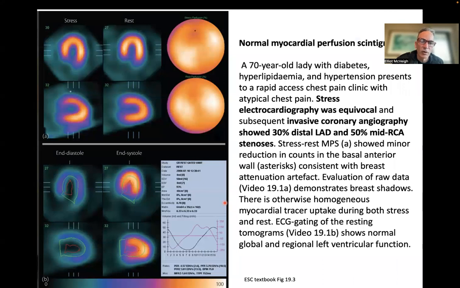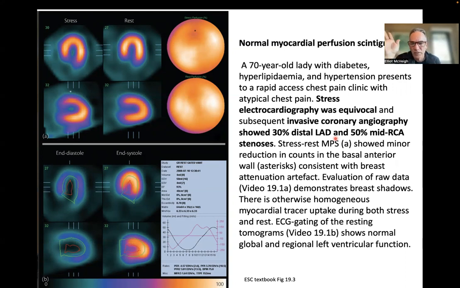So here's a normal person. Their EKG, when they looked at it, there might have been a slight ST elevation or something, and so it was called equivocal. They couldn't really go either way, that it was normal or abnormal. On invasive coronary angiography, they saw a 30% distal LAD lesion. So that means when you looked across the vessel, it dropped its diameter only by 30%.